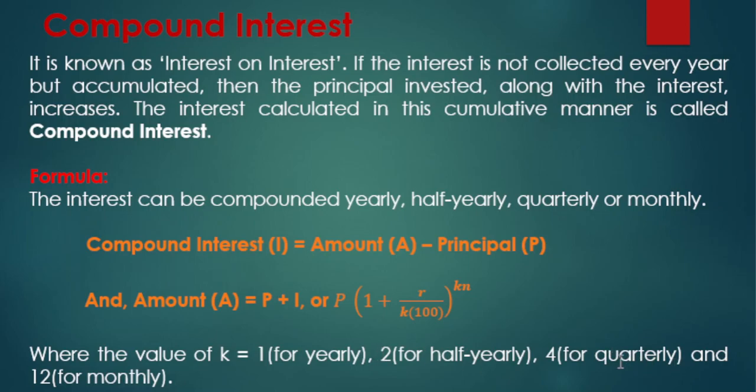If it is quarterly, then we use 4. And if the amount is compounded monthly, then we keep K equal to 12. Let us take an example to calculate these different types of compound interest.